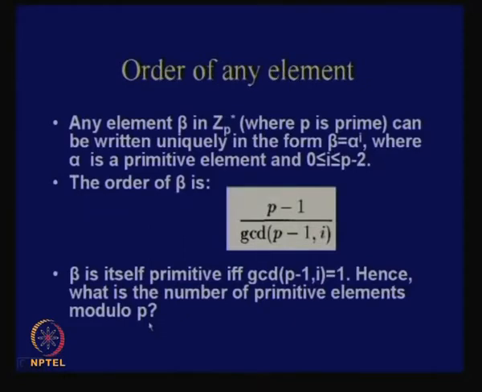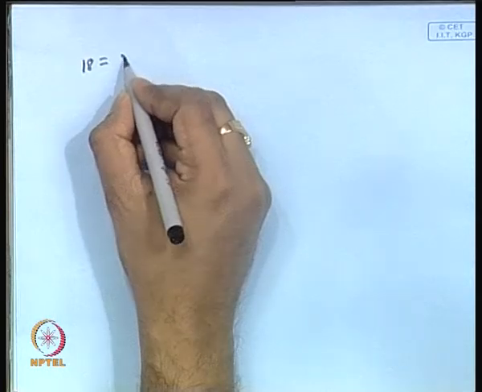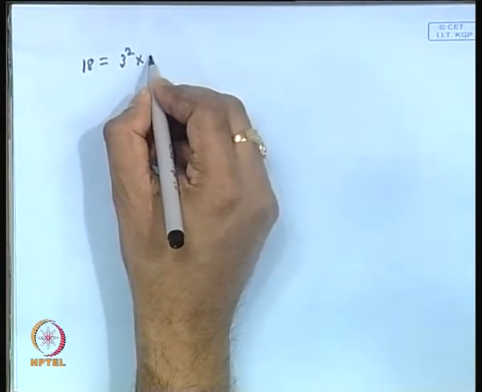So now can you say how many primitive elements will be there? Phi of p minus 1. Okay. So in this case 19, the number of primitive elements will be phi of 18. So what is phi of 18? 18 I can write as 3 square into 2.